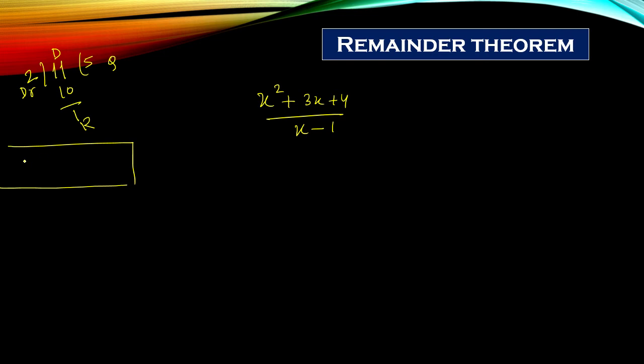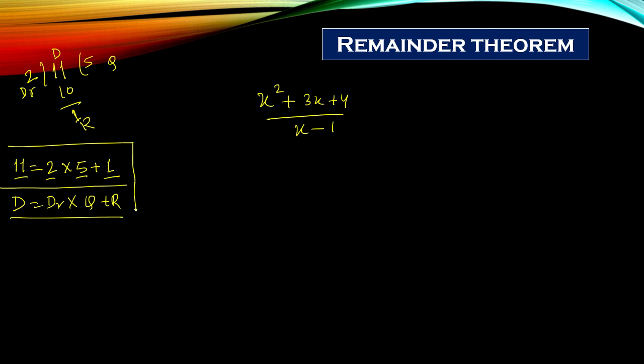The division algorithm says that dividend is equal to divisor into quotient plus remainder. Here the remainder is 1, the quotient is 5, the divisor is 2, and the dividend was 11. So dividend is equal to divisor into quotient plus remainder.